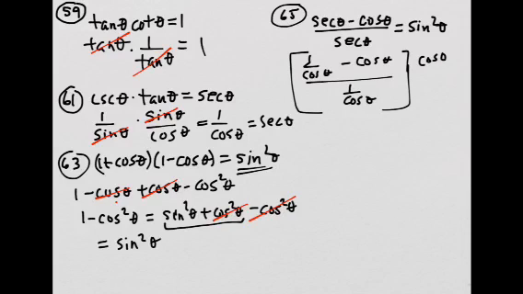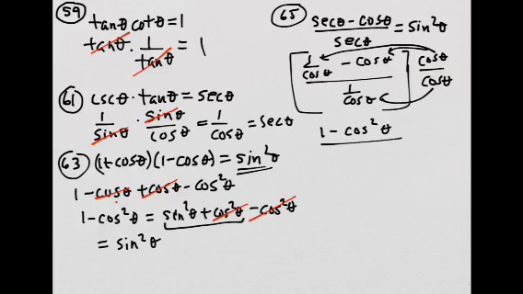So cosine theta over cosine theta. So this fraction right here is equal to 1. Okay? But what it's going to do is when I distribute, it's going to get rid of the complex fraction. So here, cosine times 1 over cosine is 1. And then minus cosine squared theta.